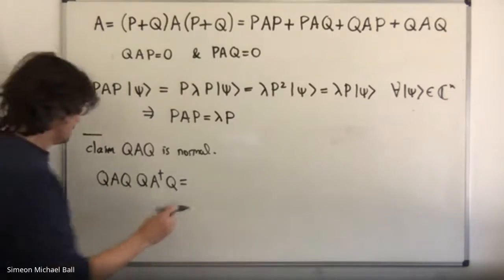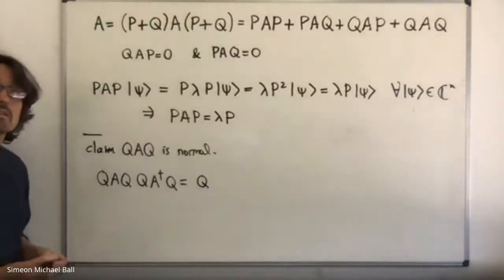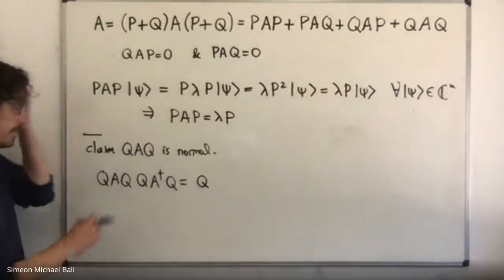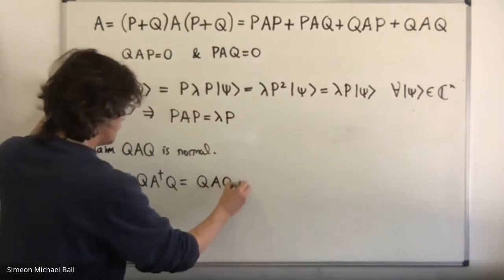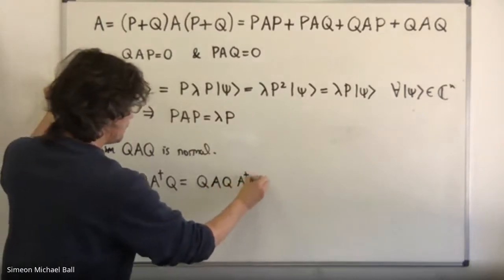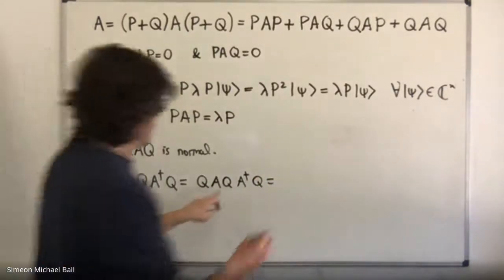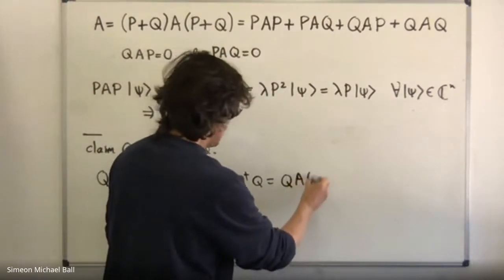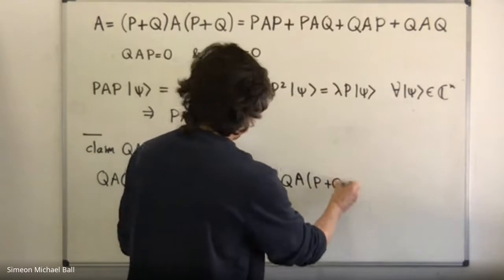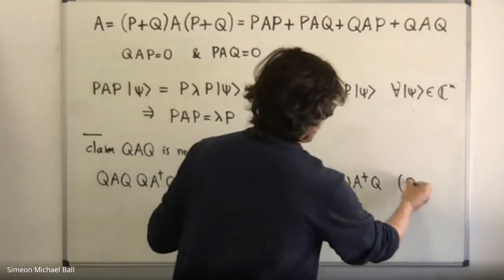So first things first, using associativity of the matrices or linear operators, Q squared is Q. Now we can write P plus Q here because QAP is 0.